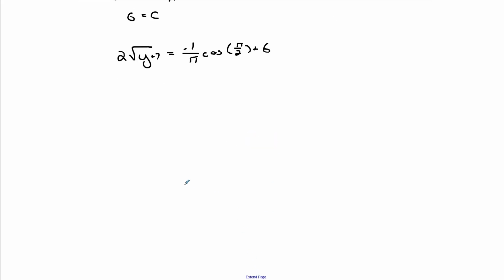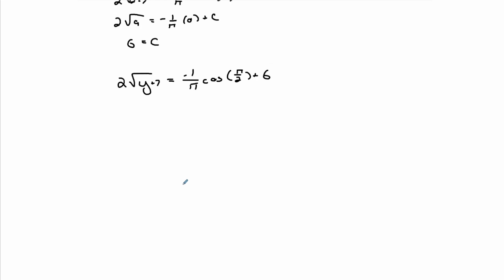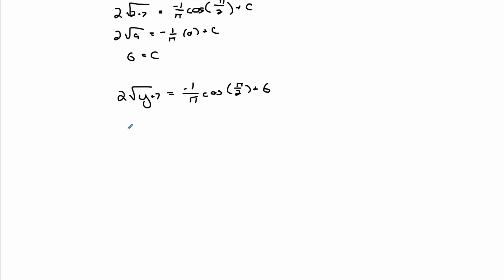So how could we solve this for y? We could say that the square root of y plus 7 is going to equal negative 1 over 2 pi cosine of pi over 2x plus 3, dividing both sides by 2. Then we can square both sides.